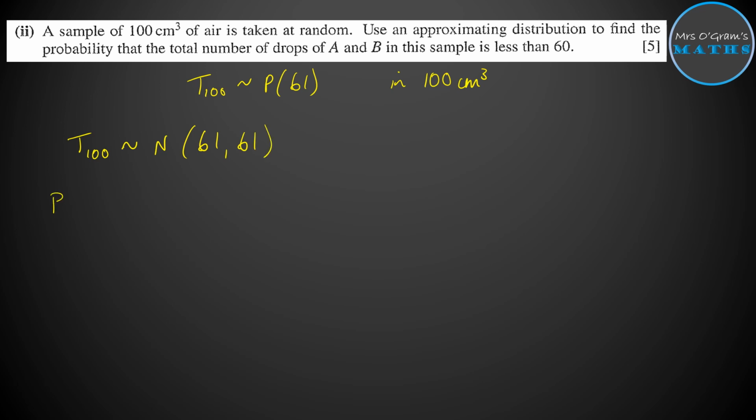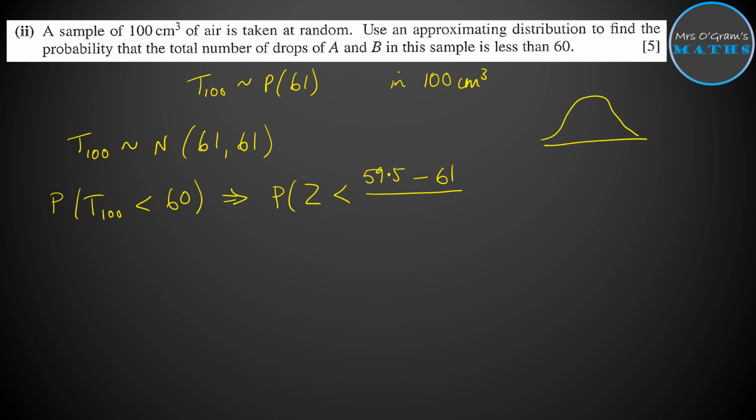So the probability that this new total will be less than 60 becomes the probability that Z is less than 59.5, because we're not going to use the 60, we need to apply that continuity correction, minus 61. Remember that continuity correction is because we've turned a discrete distribution into a continuous one.